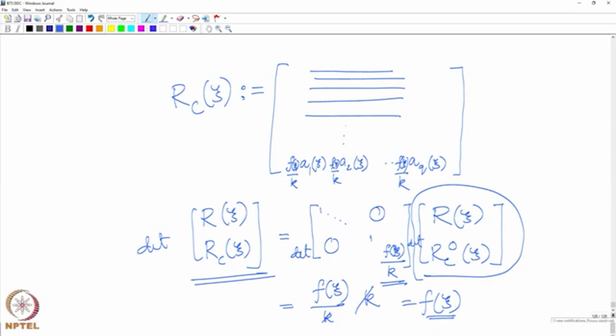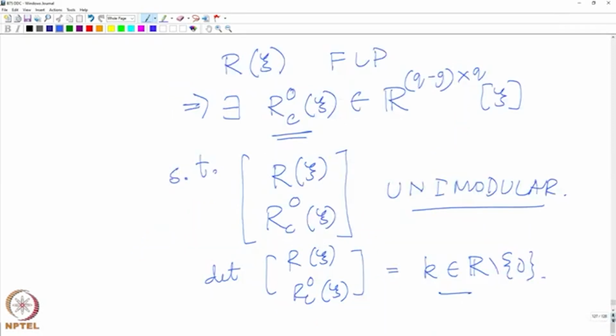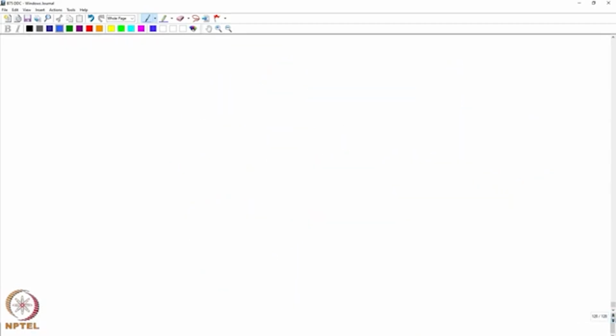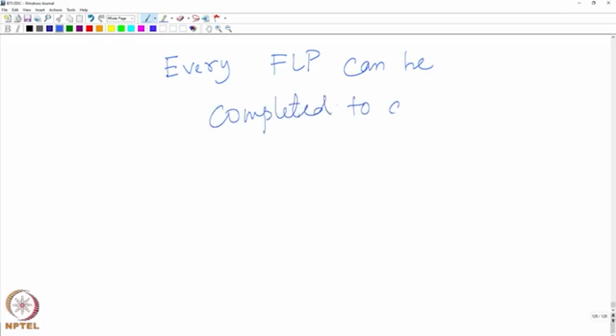What we have essentially done here is nothing fancy. It is just this fact that given a factor left prime matrix, it can be completed to a unimodular matrix. That is the crux of the matter. Every factor left prime matrix can be completed to a unimodular matrix, and once you complete it by adding extra rows, getting an arbitrary polynomial is very simple.